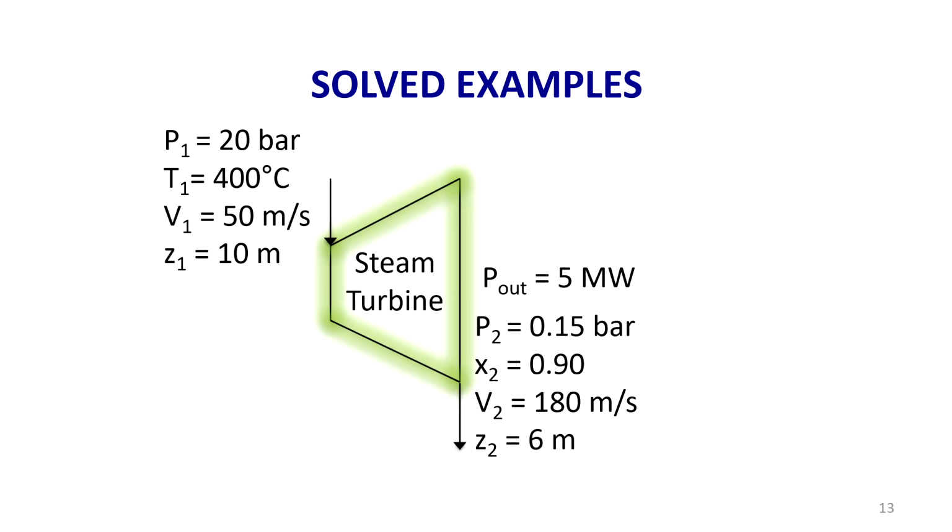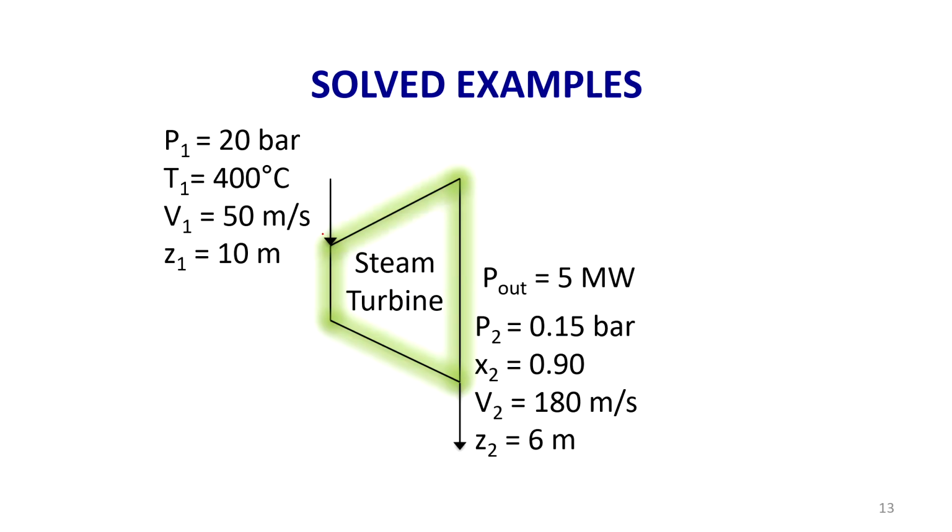So, this is the simple schematic of the question which is given. The steam turbine performs the task opposite to the compressor. Where the fluid comes in, the expansion process takes place. So, that is why the geometry of the turbine should be represented like this. This is the inlet to the turbine, this is the outlet.